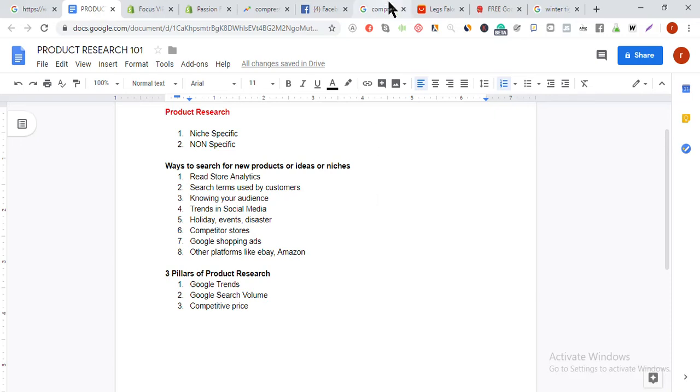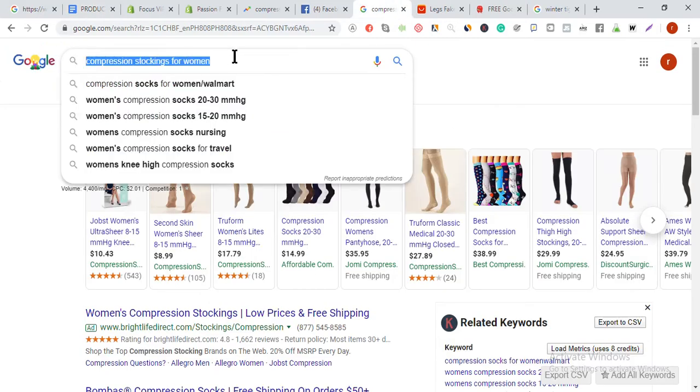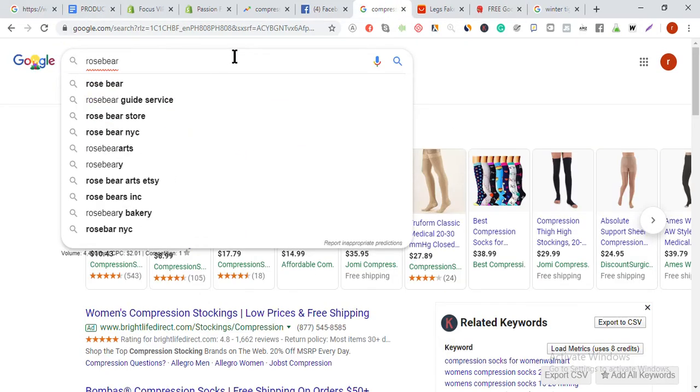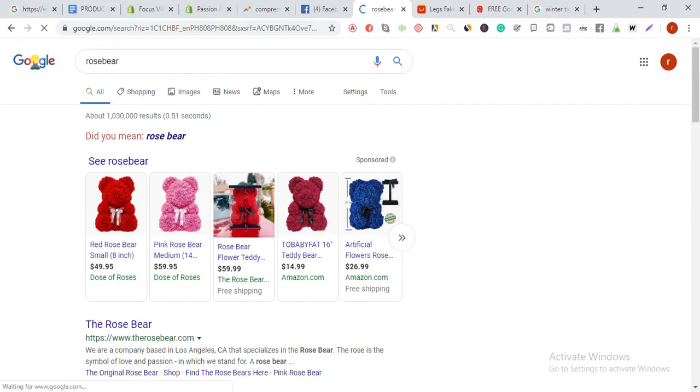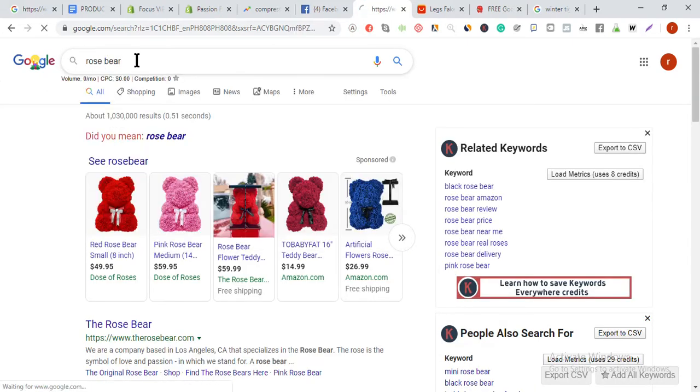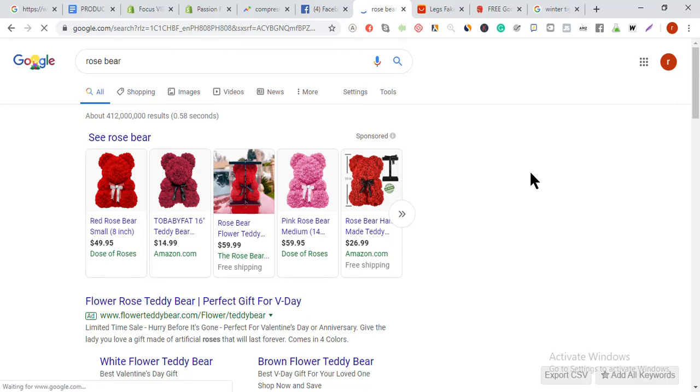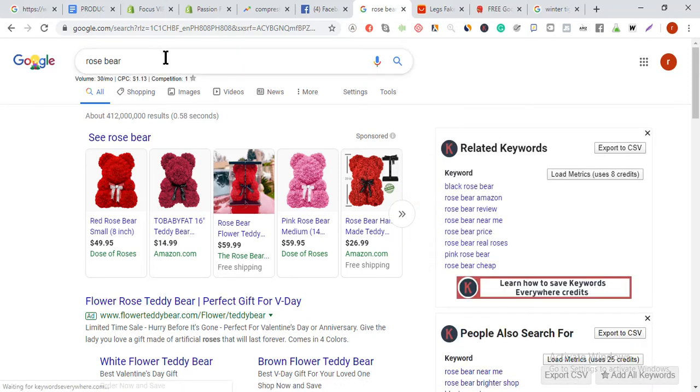A couple of years ago, people were buying the rose bear. This item. They were so hooked with this. If we look at the volume, it's really low, right?